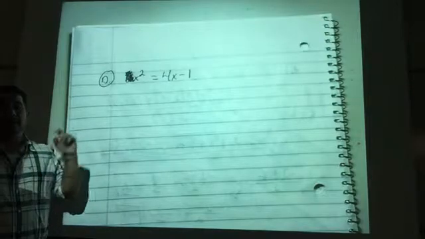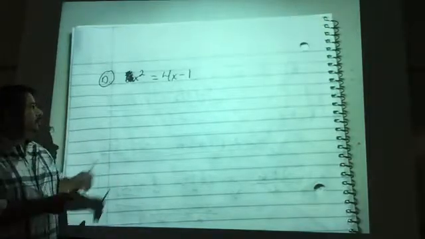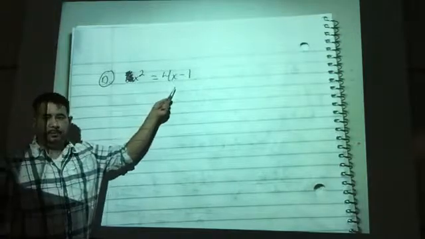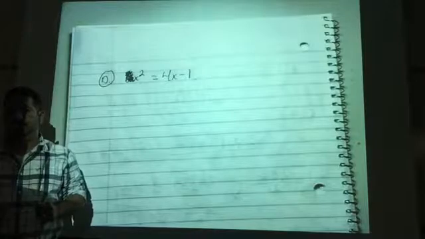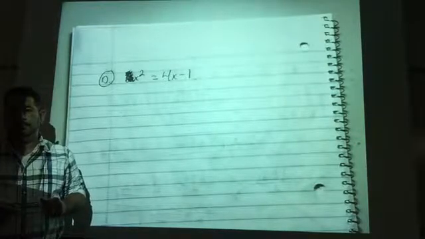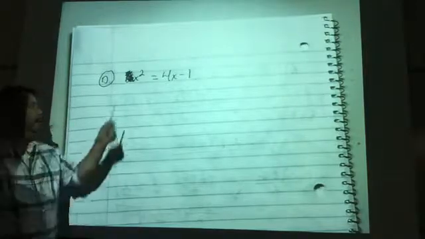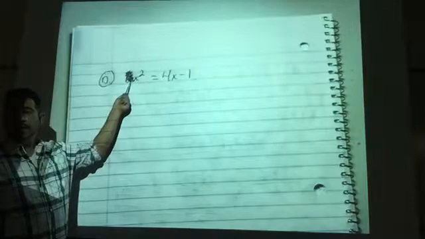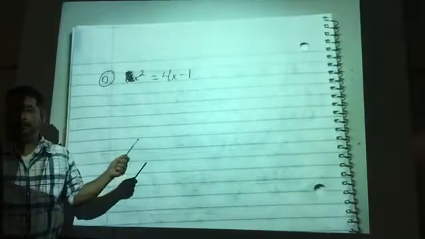We do know we need to set it to 0. And you might be tempted just to move this guy over. But you have to move that over. Why? Because if you move the x squared over to 4x minus 1, it's still not going to be in the correct state. Well, we can put it in the correct standard form. The problem is we want to try to keep this as a positive. So if we move it, it becomes a negative.